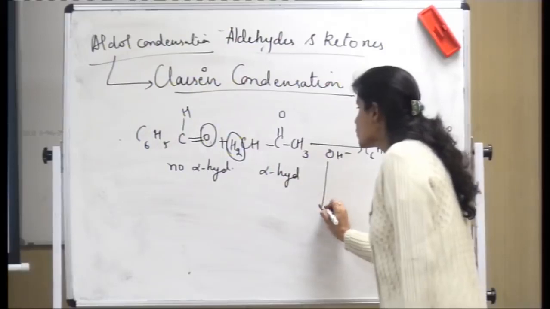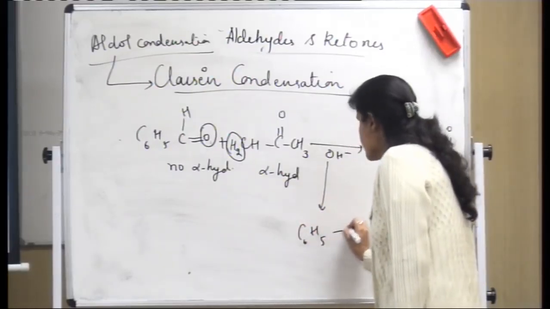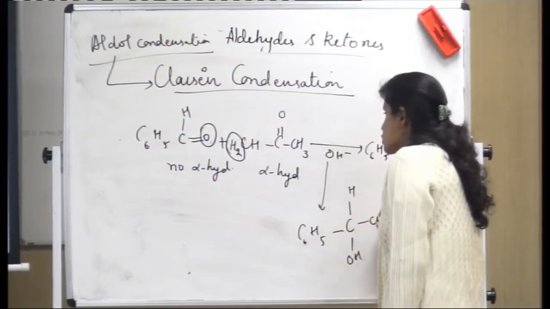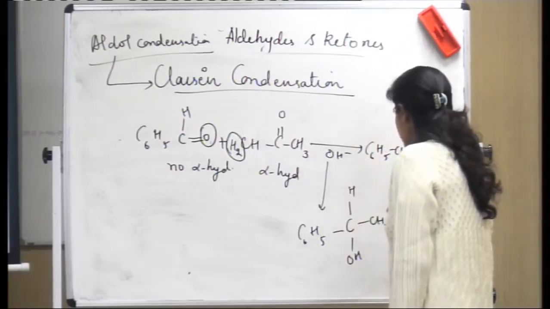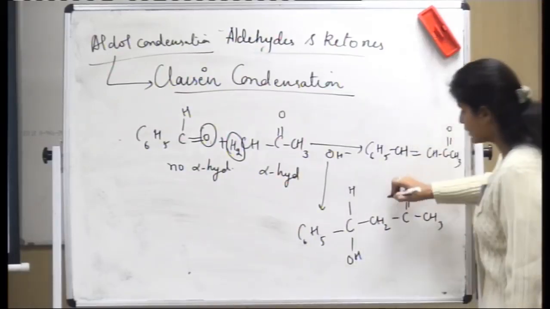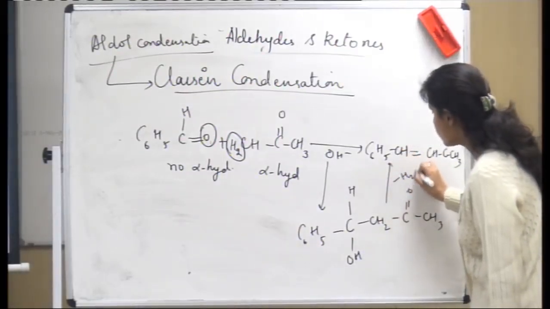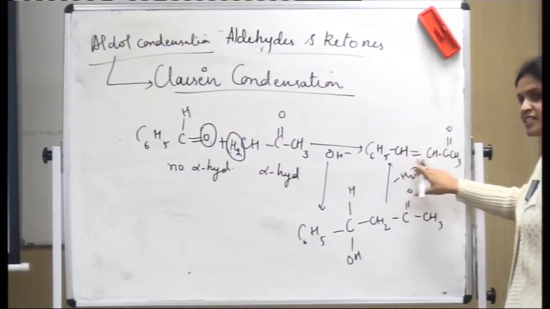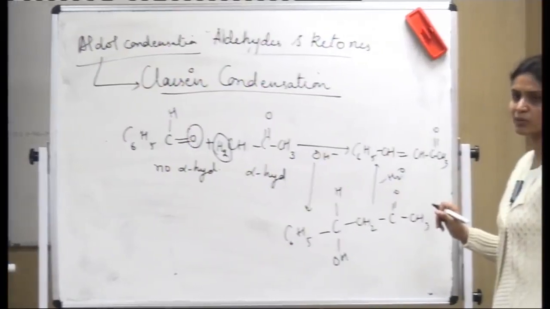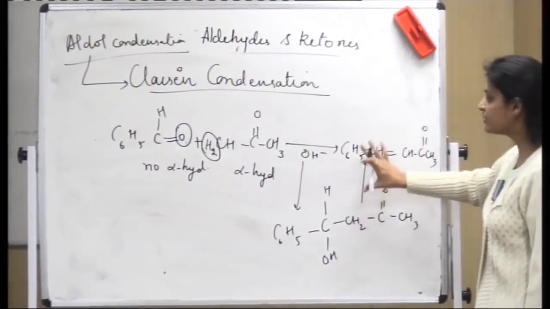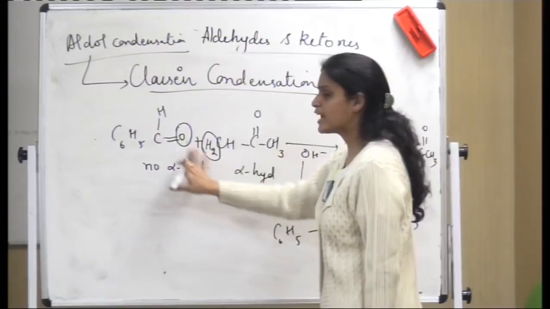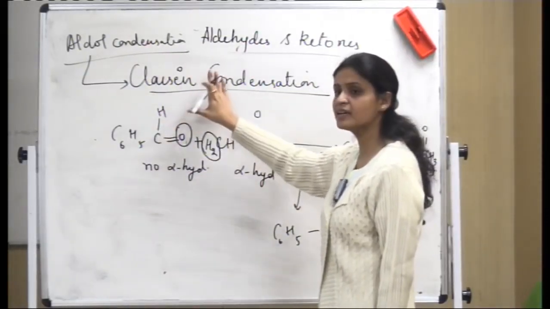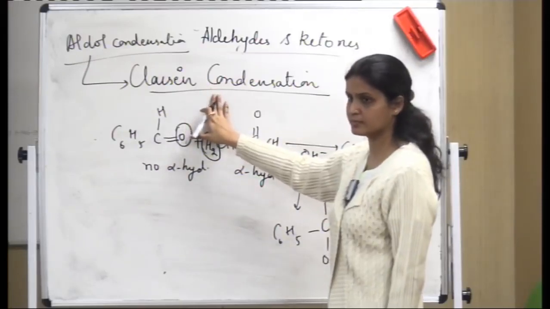The middle product was C6H5CH(OH)CH2COCH3, and then after releasing one molecule of water it will form an alpha beta unsaturated carbonyl compound. So this reaction of aromatic and aliphatic aldehydes and ketones, this kind of aldol condensation, is known as the Claisen condensation, right?